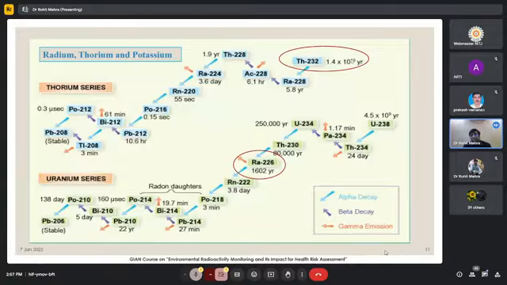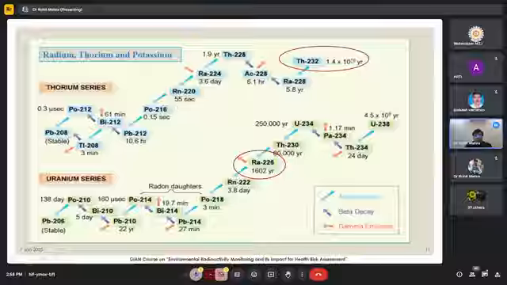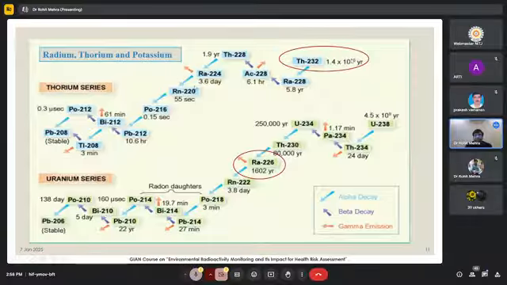Then with beta decay, we get actinium 228. Then thorium 228 with another beta decay and a gamma ray emission. And there is radon 220, the isotope of radon which we call thoron. It is important, and since it is from the decay series of thorium, we call it thoron.